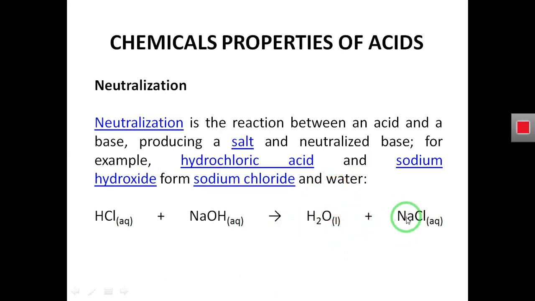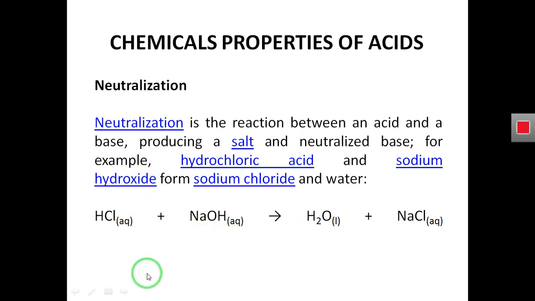So sodium chloride is the neutralized product. Here we had a base, but the acid neutralizes the base, and we get a neutralized form as a product, and we get water. This reaction is termed neutralization, and we use this reaction during titration.